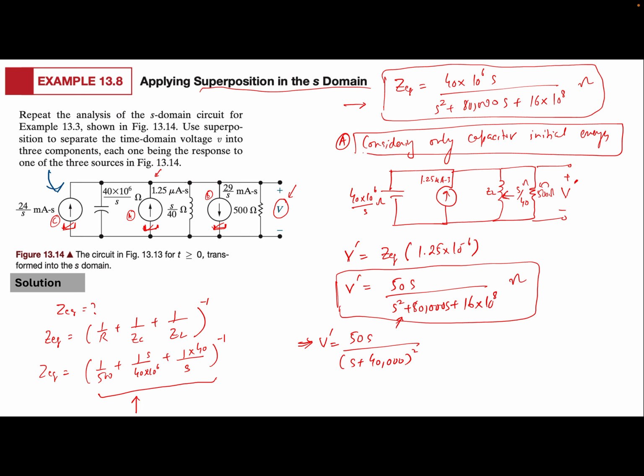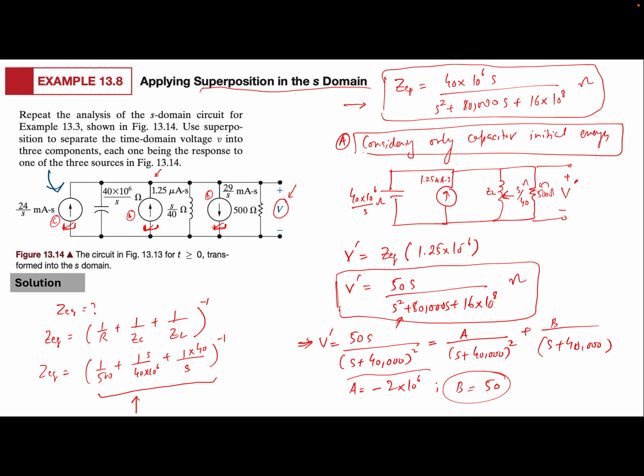Okay, and you can expand this by A over S plus 40,000 whole square plus B over S plus 40,000, right? This is kind of a repeated roots case that we have seen in the past, and you know how to solve them. We have done these examples. Go back to the previous chapter and do this thing. But you can easily find, from the looks of it, the value of A. The value of A is going to come out to be minus 2 times 10 to the 6, and the value of B should come out to be 50.